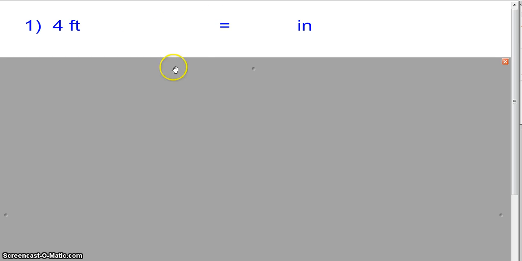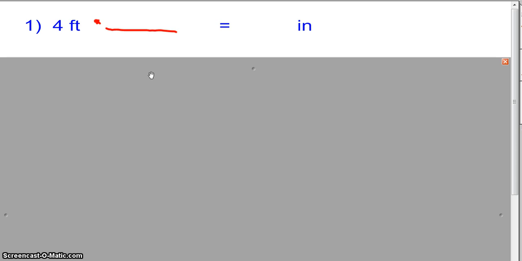So I want you to really work on what's missing here. What is the conversion factor you would need? And we do this by analyzing the units, the words. So what word are we trying to get in our answer? You can see it, inches. And what word do we have? We're starting with feet. So we're going to multiply this. This is what is so important. Can you create the conversion factor needed?